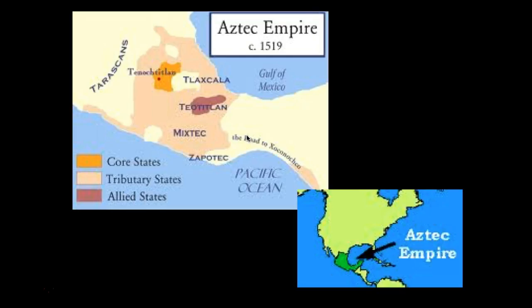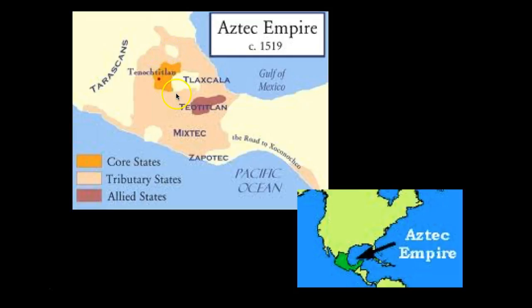The Aztec Empire is located in modern-day Mexico. Down here in this map on the bottom, you can see the dark green is the Aztec Empire, and on this upper map, I'm sorry it's a little fuzzy, the orange is Tenochtitlan, which is modern-day Mexico City, and that was the core heart, the central heartland of the Aztec Empire.